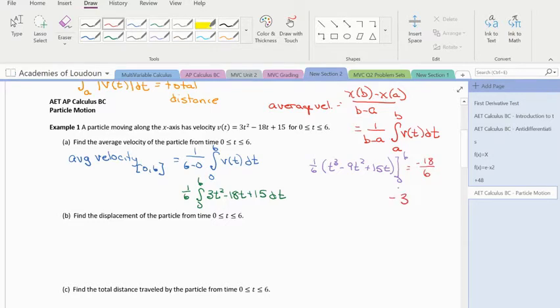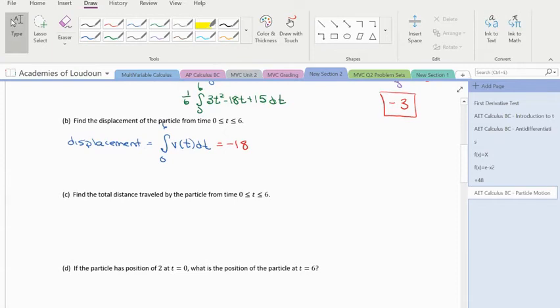Since we don't have any units, we can leave that one. Now, to find the displacement of this particle, remember displacement is going to be the integral from 0 to 6 of v of t dt. And we've already found that, and that is going to be negative 18, which means we've moved in a negative direction 18 units.